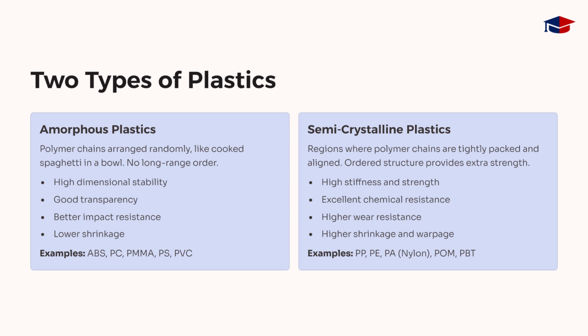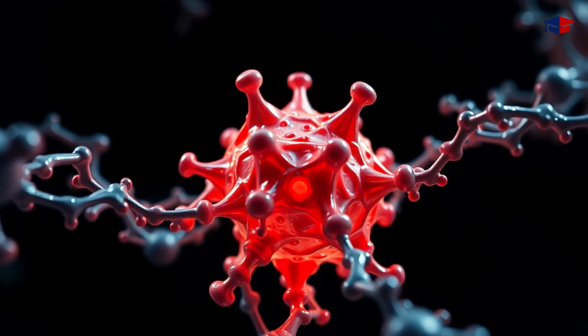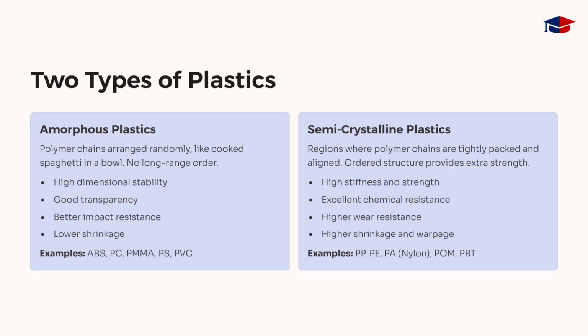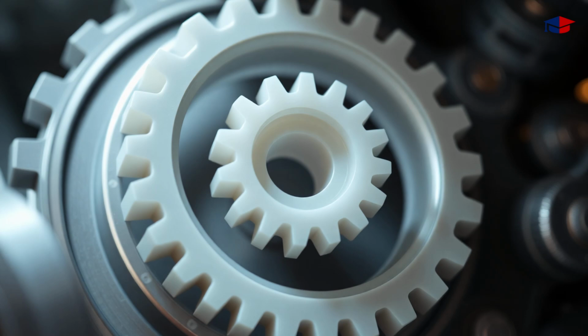Semi-crystalline plastics, on the other hand, have regions where the polymer chains are highly ordered and tightly packed. These crystalline regions coexist with amorphous regions within the same material. This ordered structure gives semi-crystalline plastics higher stiffness, strength, chemical resistance, and wear resistance compared to amorphous plastics.